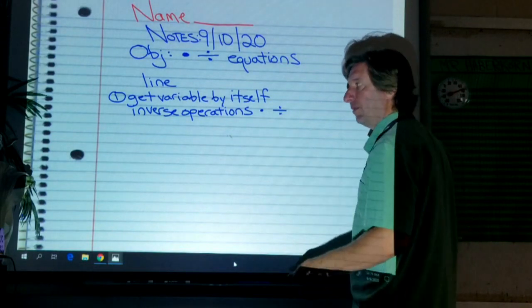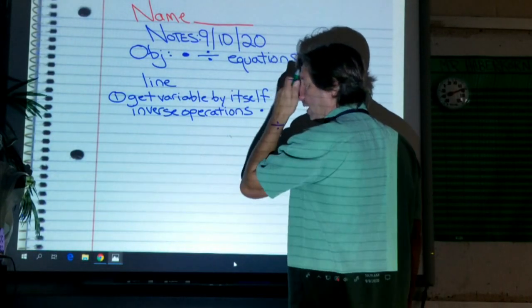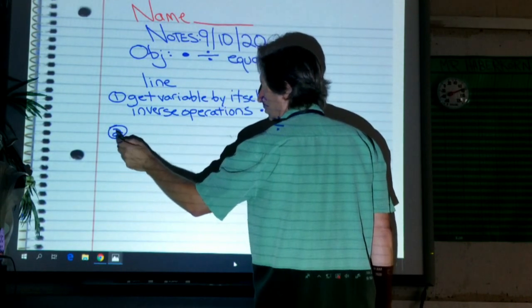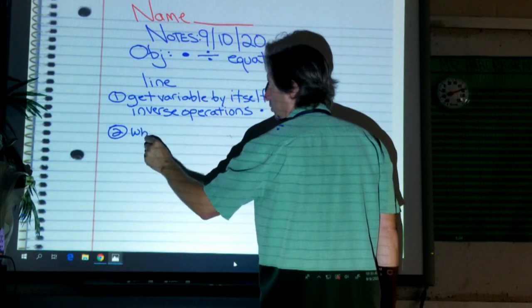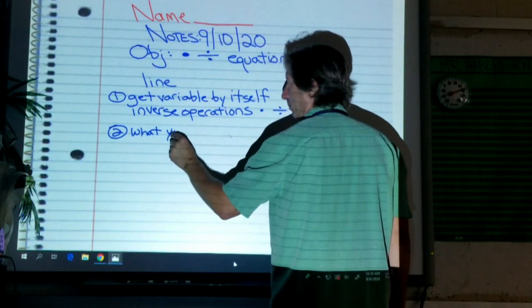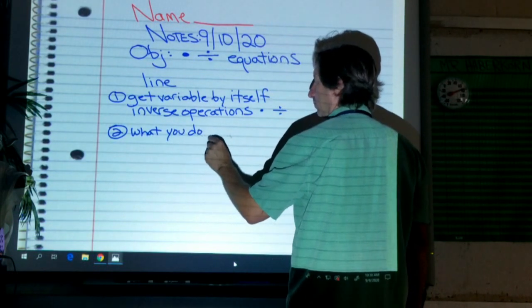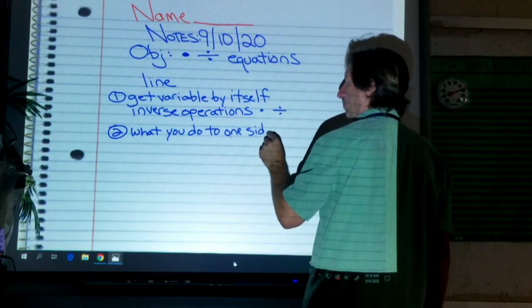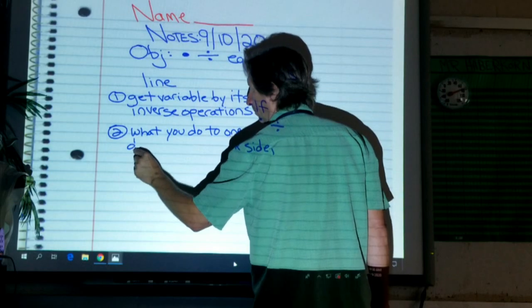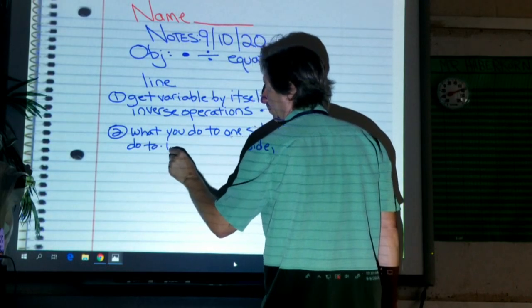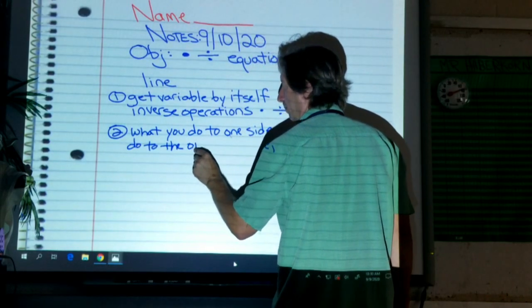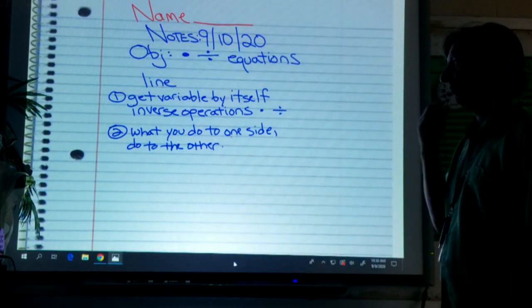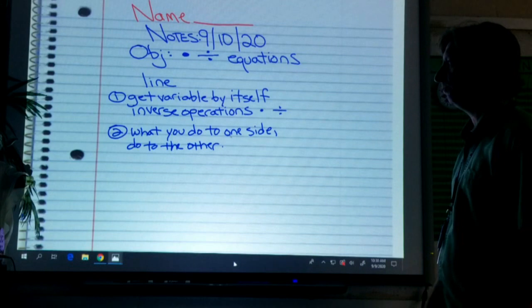Opposite of divide is multiply. And what you do to one side, do to the other. And that's it. All right, so there are only 2 steps to do these.